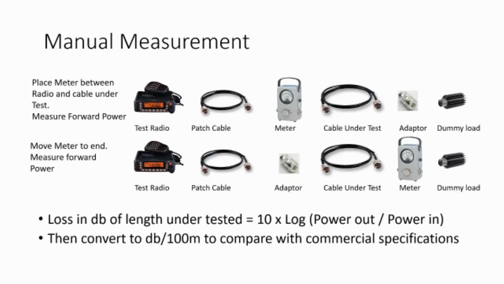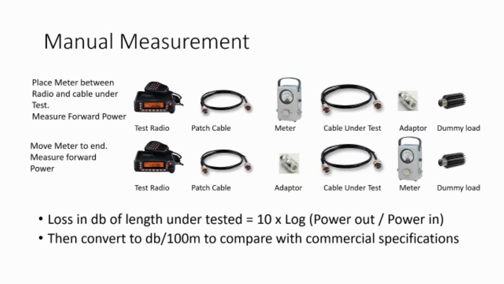I used an FTM-100. I think my maximum power output was about 46 watts. So, radio at the highest frequency that you want to test. So that's your first reading. You note down that would be the power into the cable.